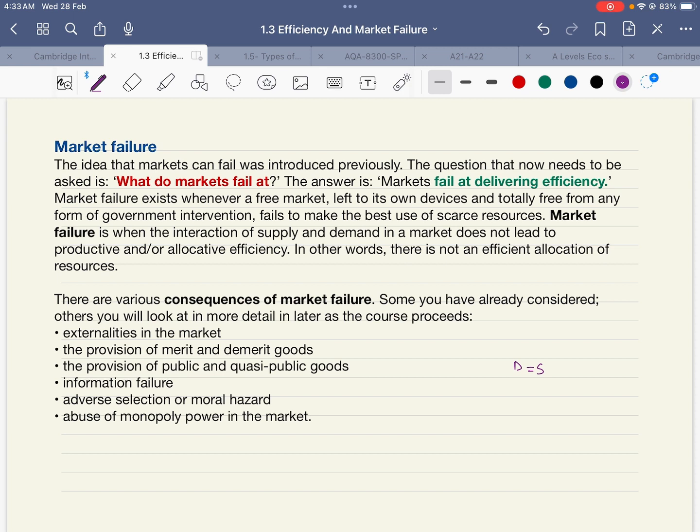Obviously, when we are talking about failure, the consequences are not going to be positive. The consequences are going to be such that it's posing huge cost on the society, and there are huge amounts of externalities present in the market. So the consequences could be adverse selection or moral hazard. It can be prevailing monopolies in the economy.